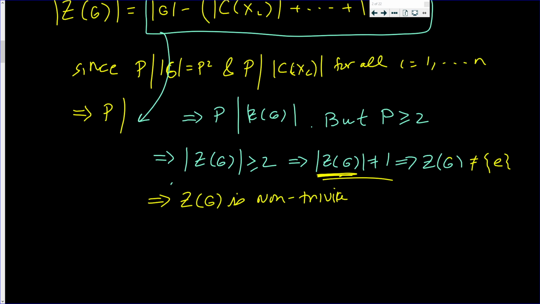Of course, for the center of G to be trivial, the center of G would have to be just e. But we just proved that it isn't, hence it is non-trivial, and that's what we wanted to show. So in particular, if G is a p-group, then the center will be non-trivial.